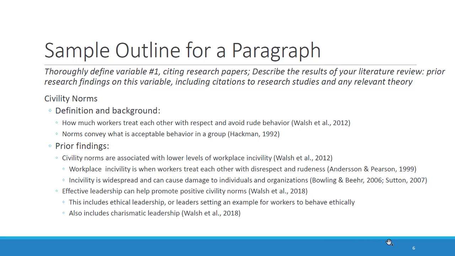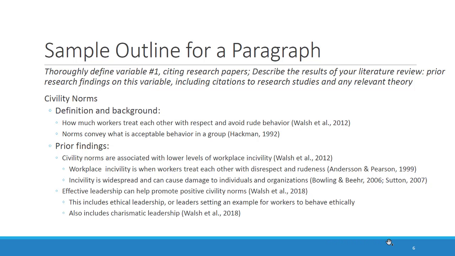Then I provided another major sub-bullet under prior findings that says effective leadership can help promote civility norms. So this is getting at predictors of civility norms. So what do we know that affects civility norms in the workplace? What can lead to better or worse civility norms? So in my literature review, I found 2 things.